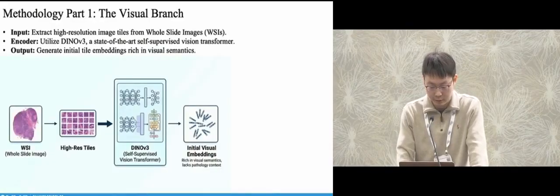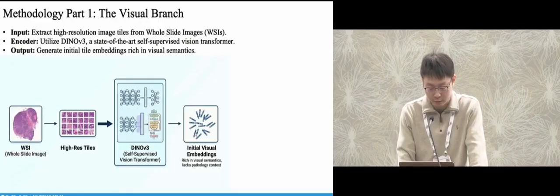Let's dive into how this pipeline works. Starting with the visual branch, our process begins by extracting high-resolution image tiles from whole slide images. To process these images, we utilize DINOv3, which is the current state-of-the-art self-supervised vision transformer. DINOv3 is incredibly effective at capturing visual structure, and it generates our initial tile embeddings.